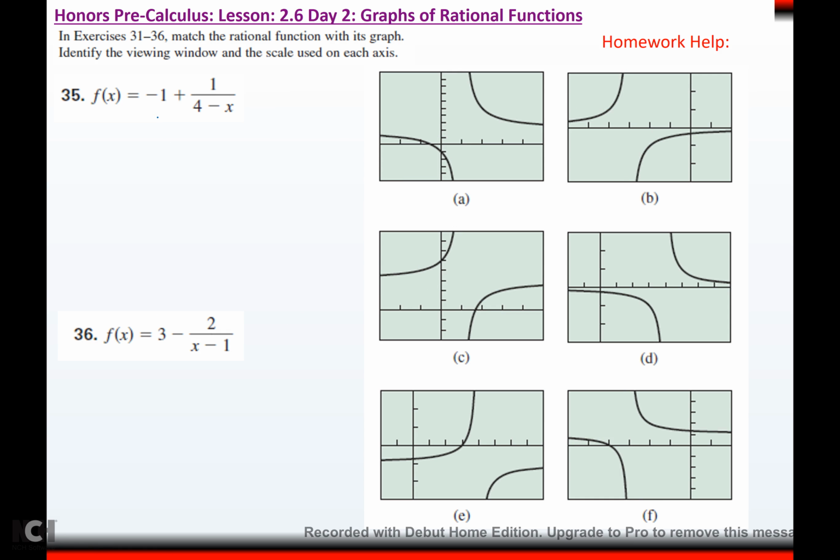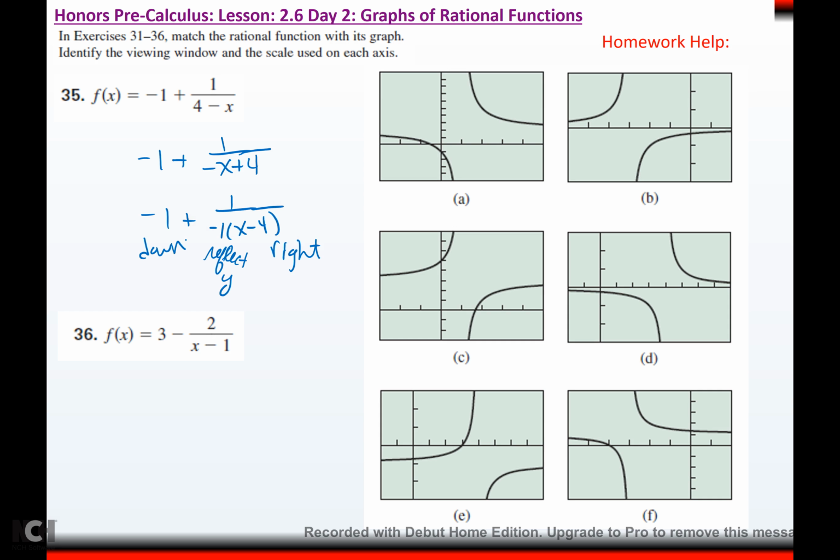Alright, so this one now is going to be a little bit tricky because this could be negative x plus 4, which if you factored out the negative 1, that'd be x minus 4. So I'm looking at 4 to the right, reflect over y, and 1 down.